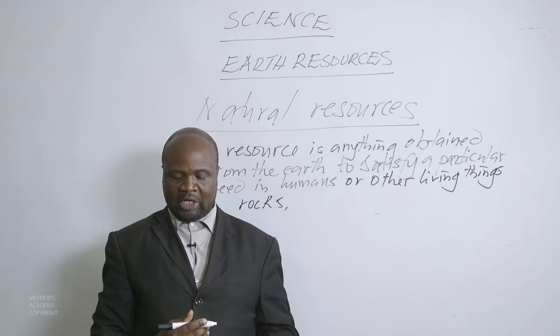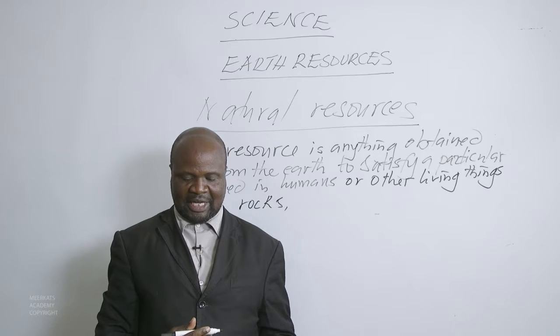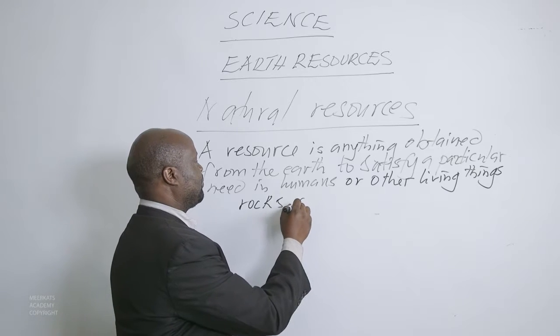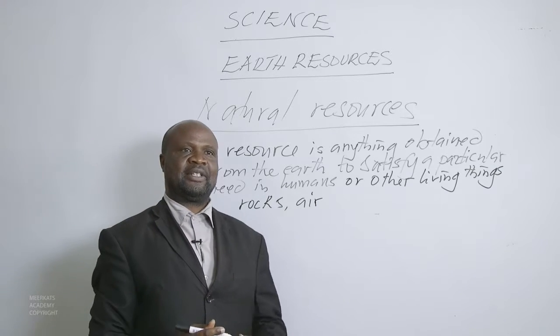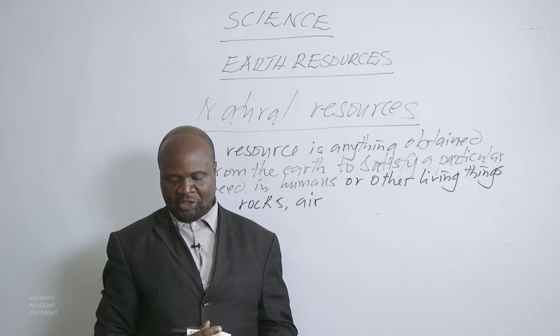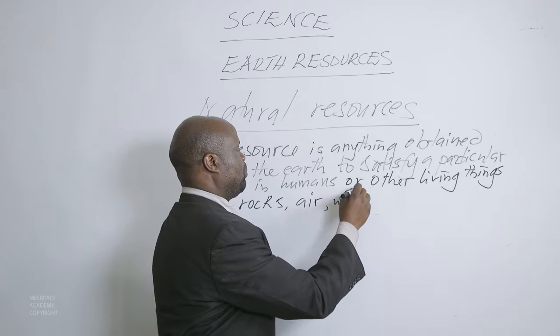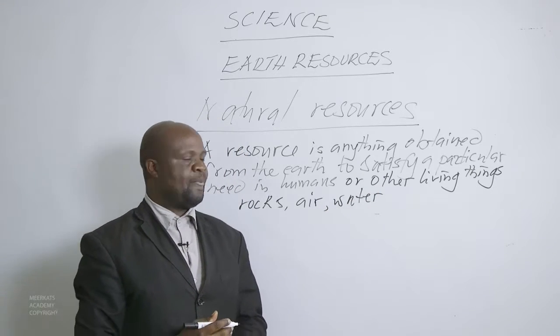So natural resources are substances such as rocks, air. Air is a natural substance, it is a resource, it is available naturally. We also have water. Water is a natural resource.